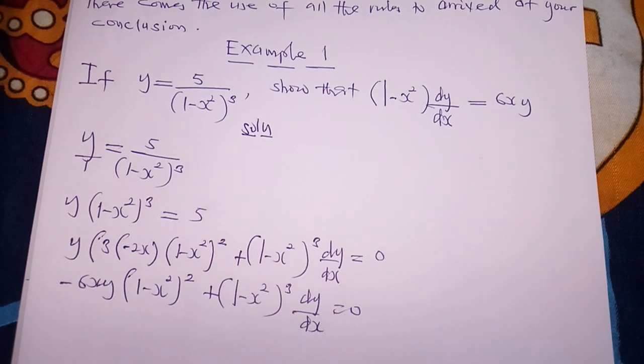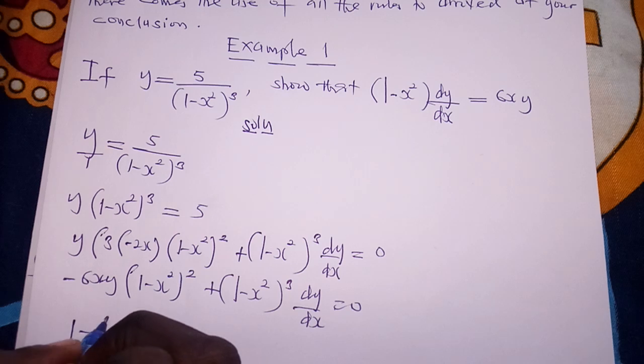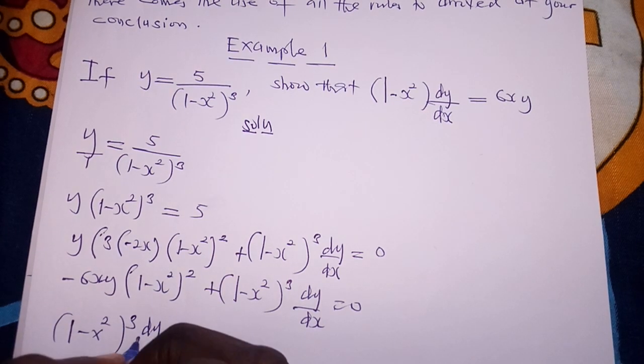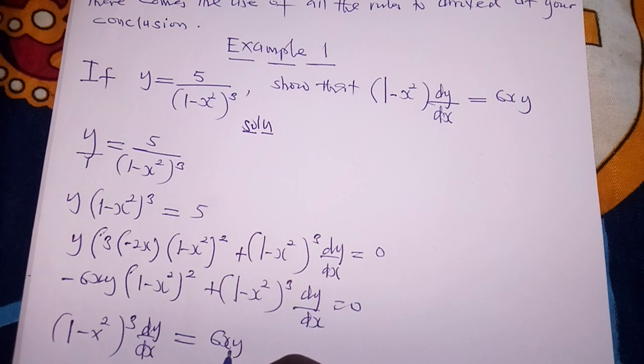Then what are we to do here? We know this term is moving to the other side. Automatically we have (1 minus x squared) raised to the power 3 dy/dx. When this one is moving, we are going to have 6xy into (1 minus x squared) raised to the power 2.